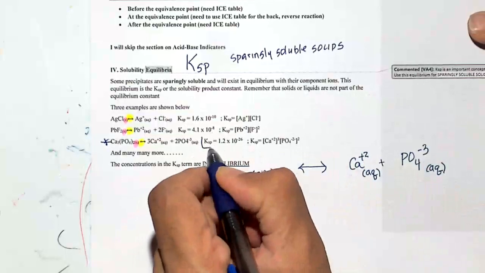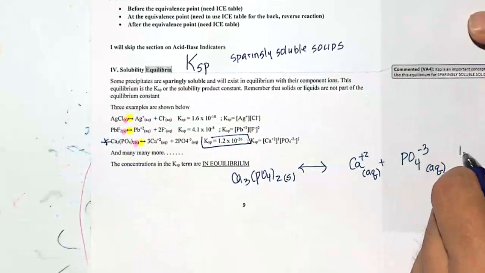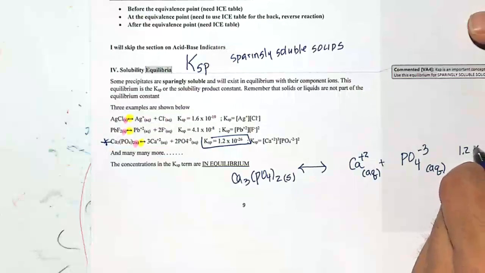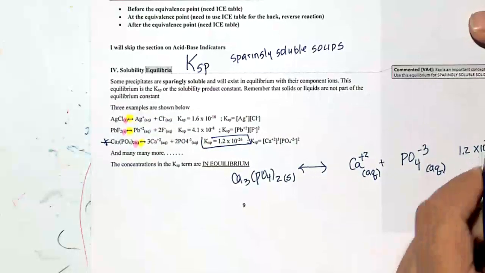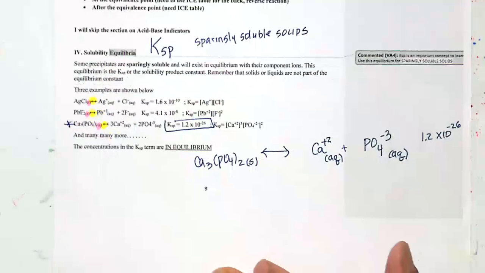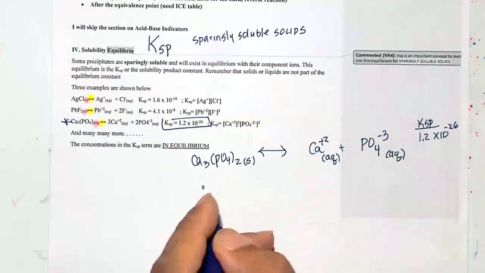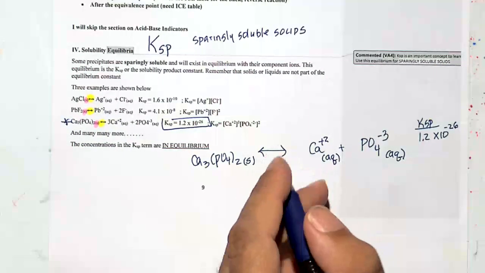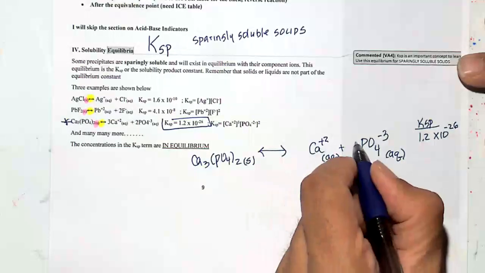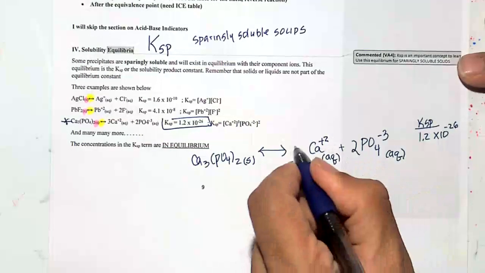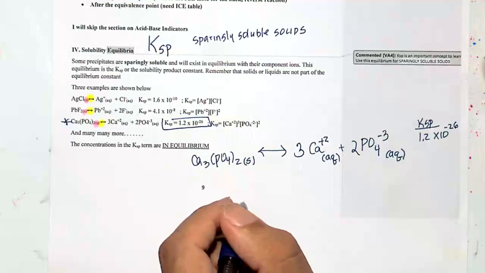And the KSP, I'll give you the KSP. It's 1.2 times 10 to the minus 26. We balance this, so to balance this, I'll put a 2 here and a 3 here.